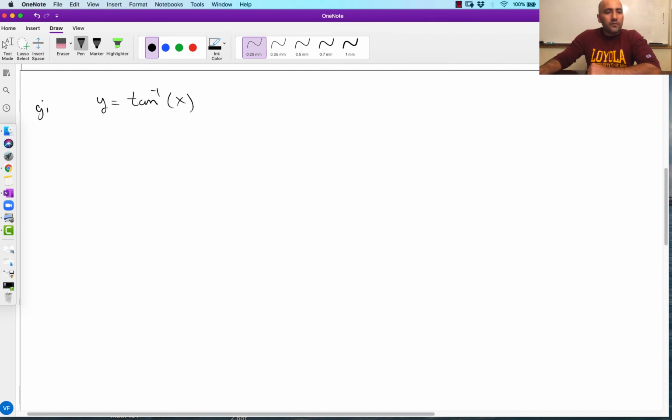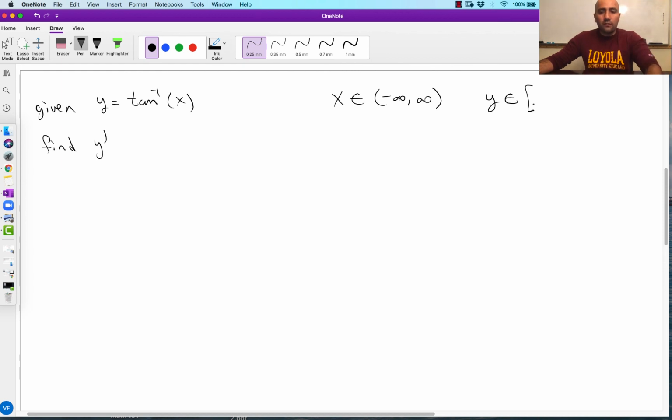So given this, we want to find y prime. And just to refresh our memories, x is any real number. X is a member of anything from negative infinity to positive infinity. On the other hand, y must be an angle that is between negative pi over 2 and positive pi over 2. So keep that in mind.